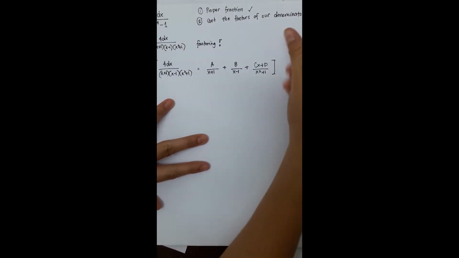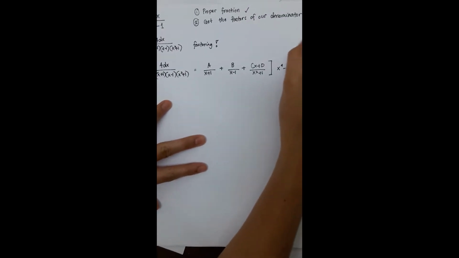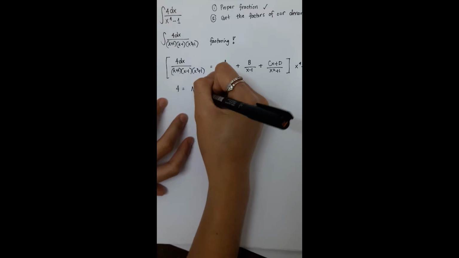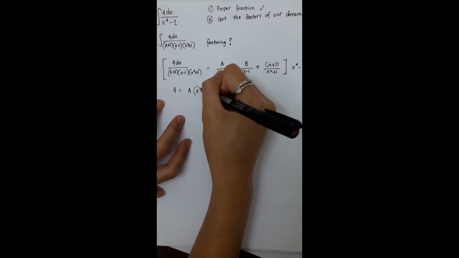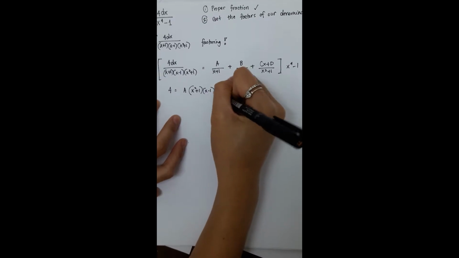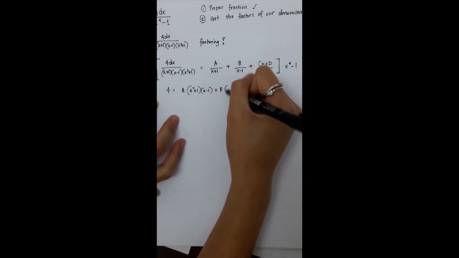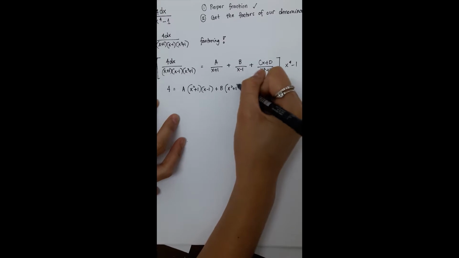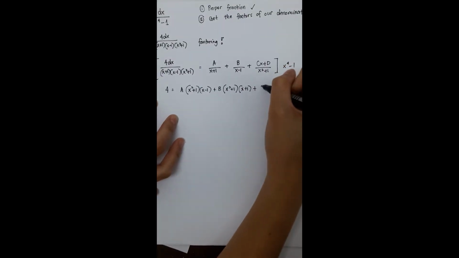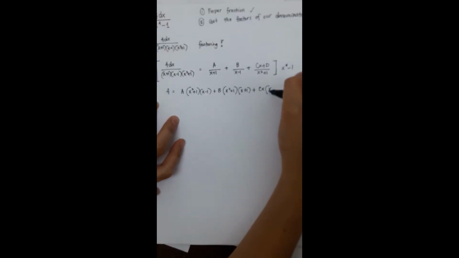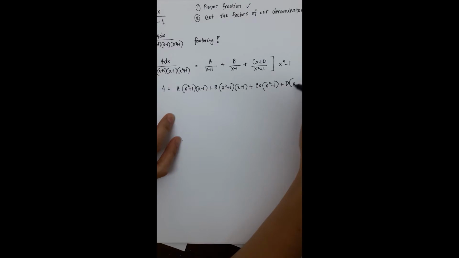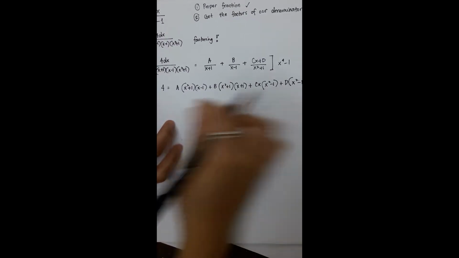And then multiplying both sides by x to the 4th minus 1, we arrive at 4 is equal to A times x squared plus 1 times x minus 1 plus B times x squared plus 1 times x plus 1 plus Cx times x squared minus 1 plus D times x squared minus 1.